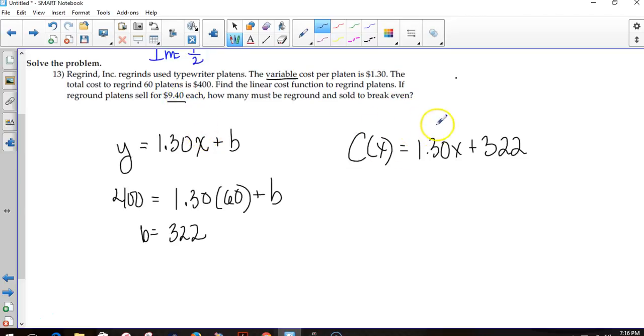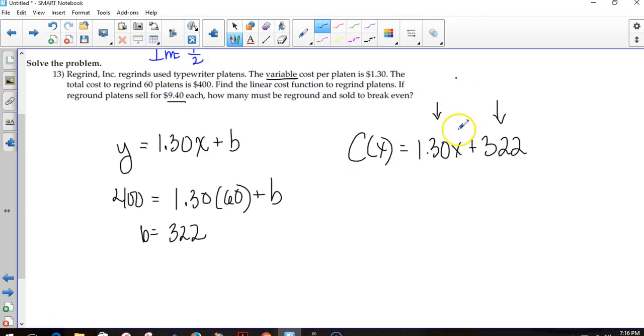So a little bit more about the costs. This maybe was the cost of the machine that I have to buy, or maybe my rent for the month, or it could be a combination of a couple of different things. This could be like the person that you maybe have to pay, hopefully not $1.30 an hour, to regrind them, or maybe it's electricity.